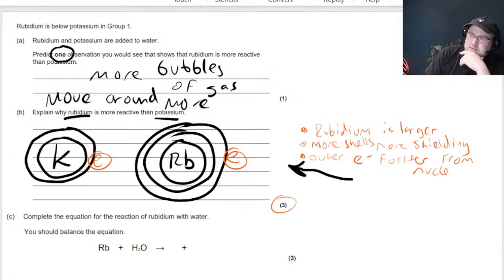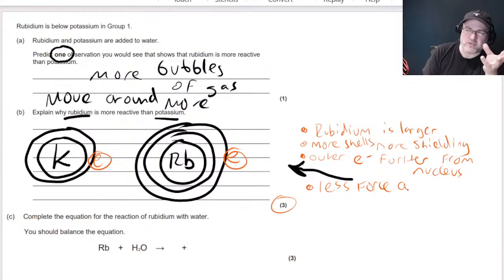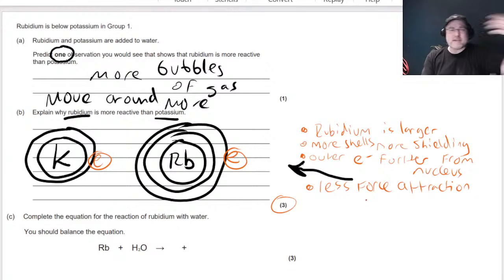From nucleus. Okay, so what is further from the nucleus? That means the nucleus is positive, the electron is negative. Less force of attraction, or less attraction. Shouldn't really say less force of attraction. Less attraction to nucleus. Right, now I'm saying like 6 things. Why am I doing that? Because I'm an idiot.